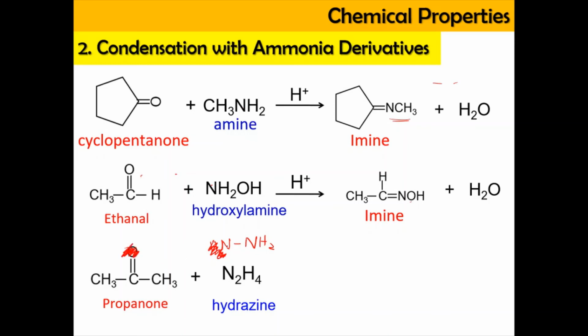And then we're going to attach our C double bond with N here. So it's going to become C double bond N, dash, NH2. Okay, so this is going to be our imine at the end. So at acidified condition, we're going to produce our imine here. Okay, so we can put it downwards and CH3 upwards as here, or you can also maintain it like this. And this is going to produce the byproduct of water.